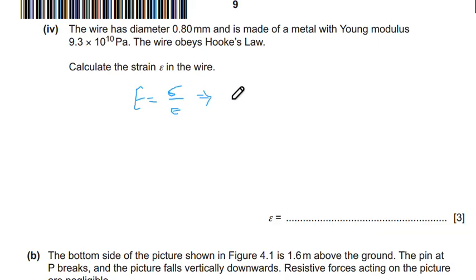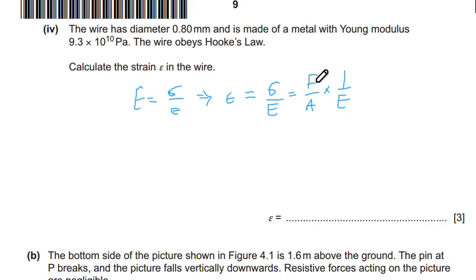So from this equation, we can rearrange it like that, sigma over E, but we don't have sigma. So we need to dismantle it to force over area times 1 over E.